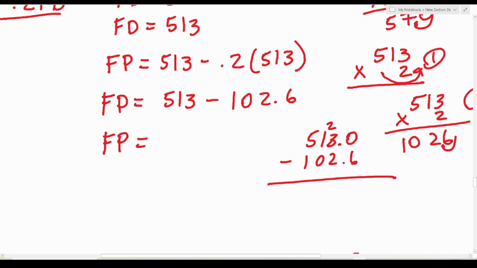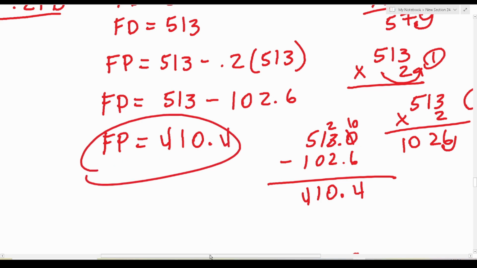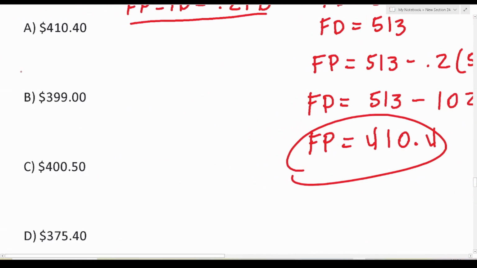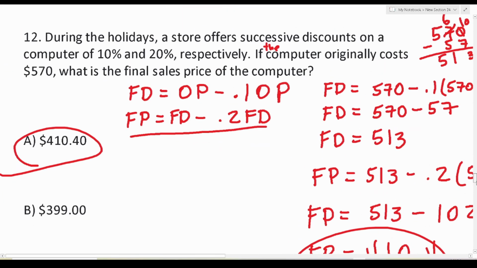So this becomes 2. This becomes 10. Again, drop down your decimal in place if you want. 10 minus 6 is 4. 2 minus 2 is 0. 1 minus nothing is 1. And 5 minus 1 is 4. So we can see the final price is going to be $410.40, which is going to be answer choice A. Okay, so that's that one.